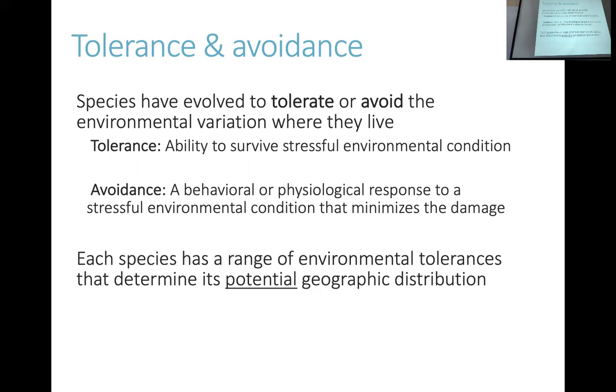Tolerating it, like I said, means staying there and dealing with it. Avoidance is maybe leaving for another area. It can be behavioral. So if it's really hot during the day, organisms just aren't out during the day. So that's an avoidance behavior. Something that minimizes the damage.